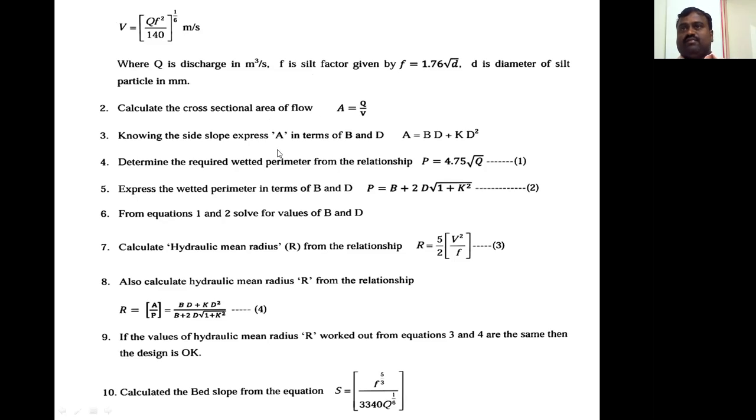And in the third step, knowing the side slope, A is expressed in terms of B and D; this is the expression for the area of flow.